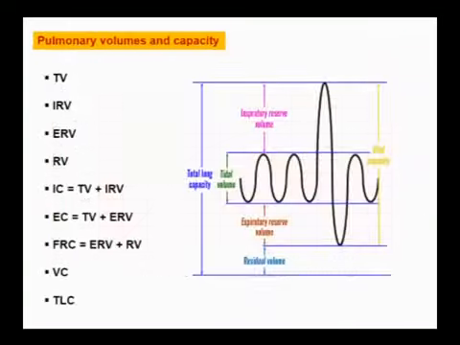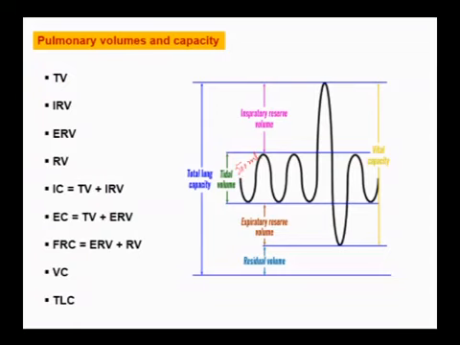Pulmonary volumes and capacities. They are recorded by a device called the spirometer. What's the volume of air that we breathe in normally? It is the tidal volume, 500 ml of it.